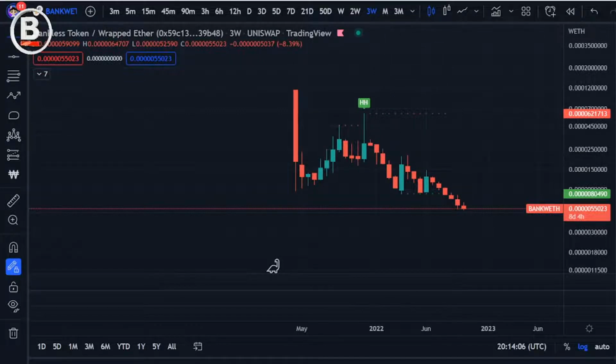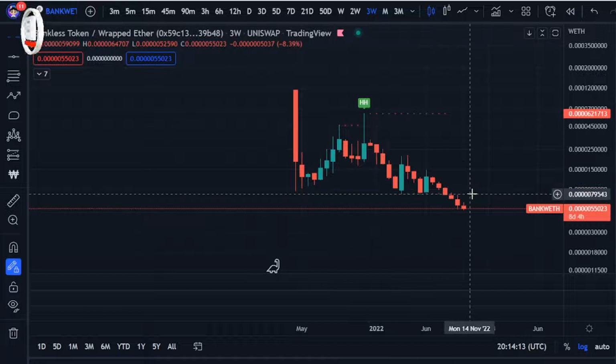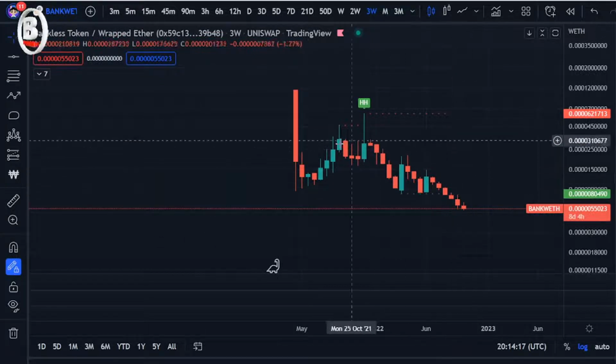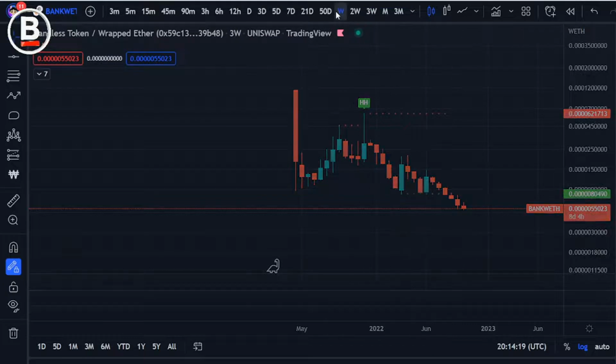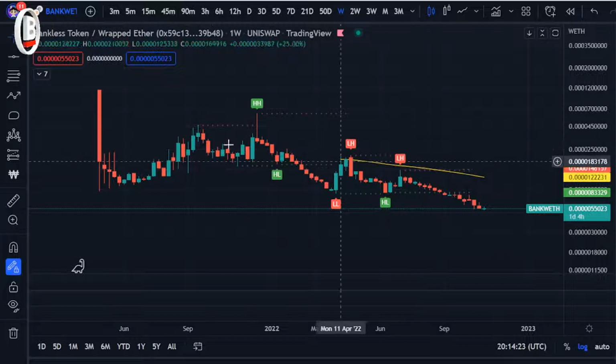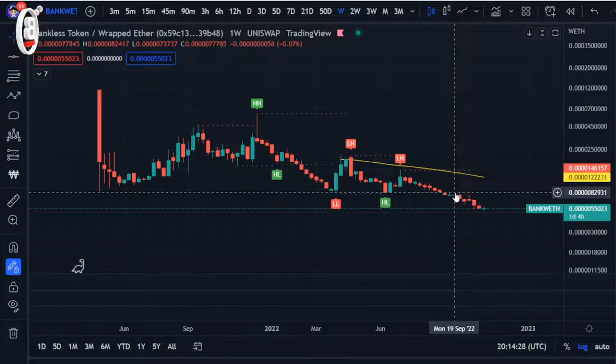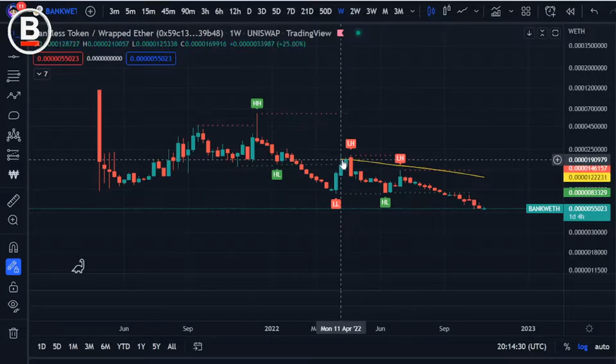One thing we can take note of is that on the 3-week time scale, there's not even enough time to put standard moving averages onto our chart. It's not until we get to the weekly time frame that we even have more than 50 weeks of data, because we are just over a year old.